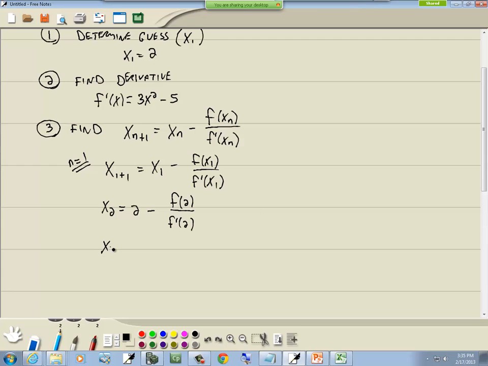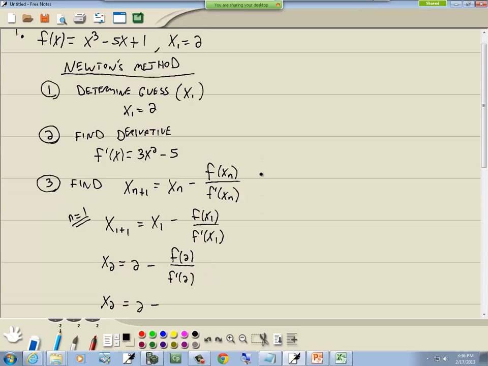So we got x2 is equal to 2 minus, now our f of x was x to the third minus 5x plus 1. So for f of 2, we're going to plug 2 in for the x. So we're going to have 2 to the third minus 5 times 2 plus 1 over, and then we got f prime of 2.